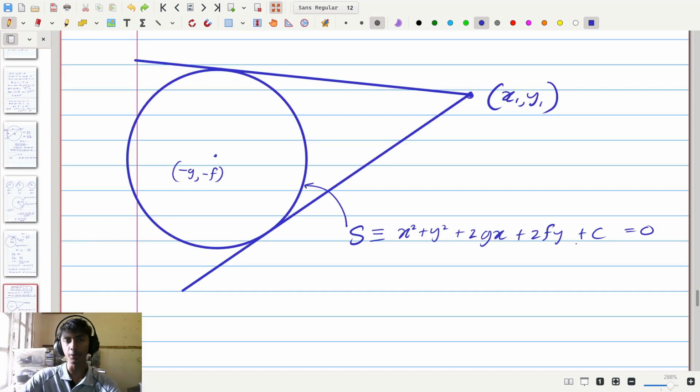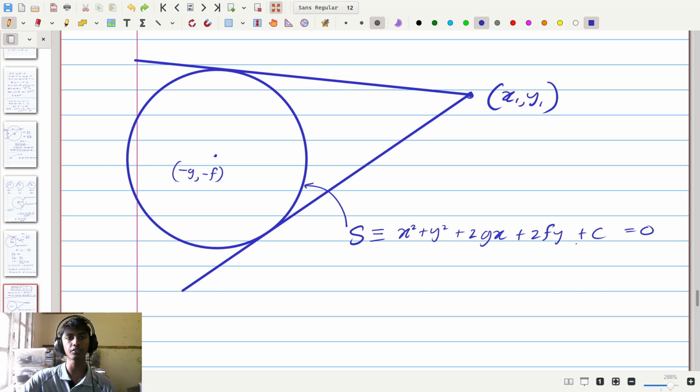As it turns out, naming a point on the circle and finding the tangent at that point is not the only way for us to define tangents to a circle. Instead of finding a point on the circle, we could also define tangents based on a point outside the circle, like I've done here. Here you can see I've marked a point external to the circle as x1, y1, and given such a point, there are exactly two tangents to the circle that will pass through this point.